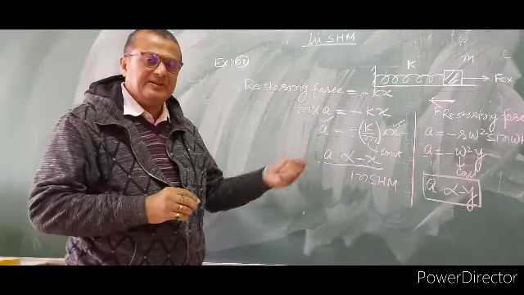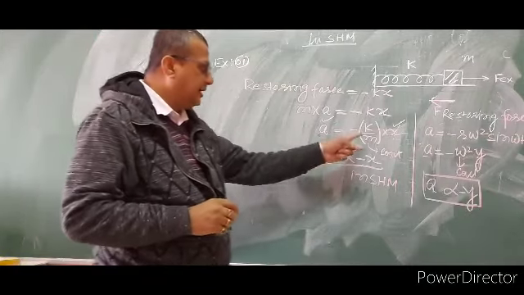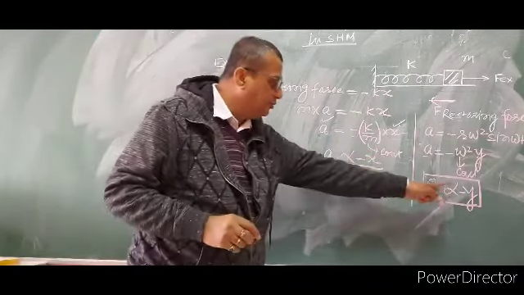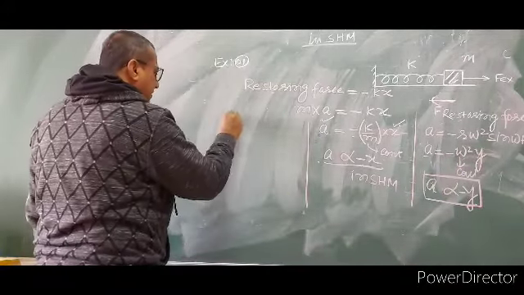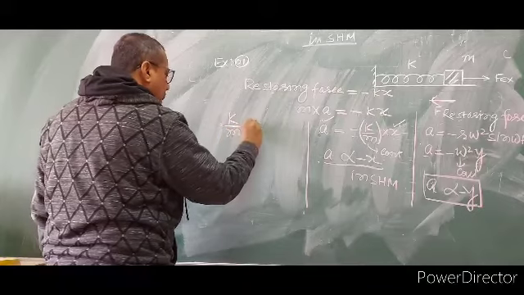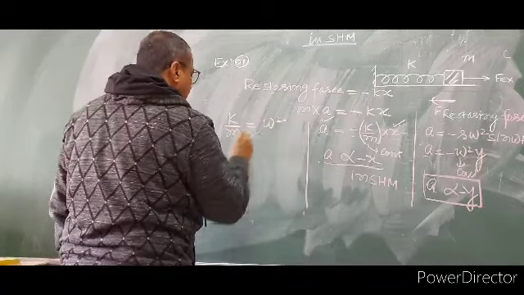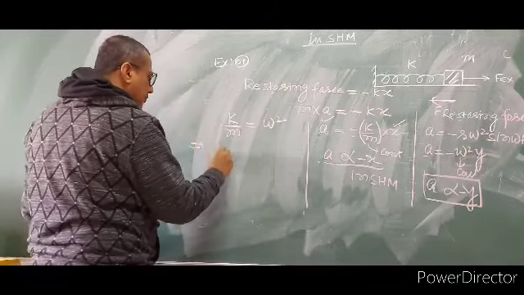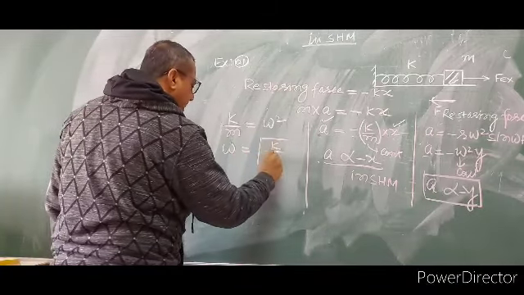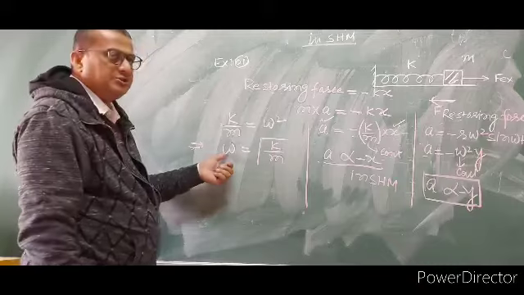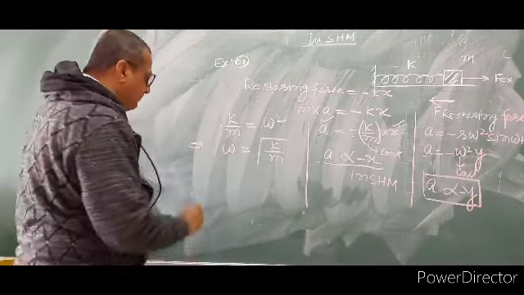When the system is in SHM, then certainly k by m is equal to omega square, which implies omega equal to under square root k by m. This is the angular frequency.